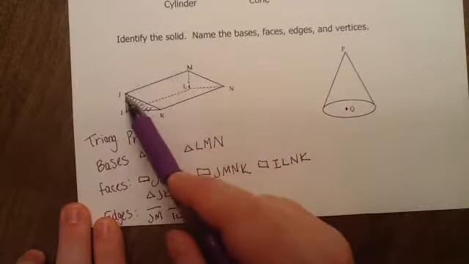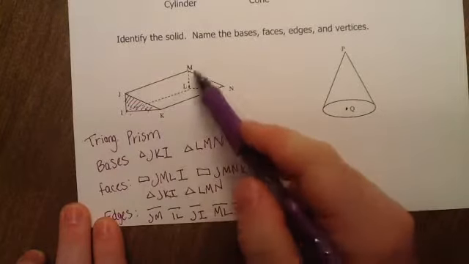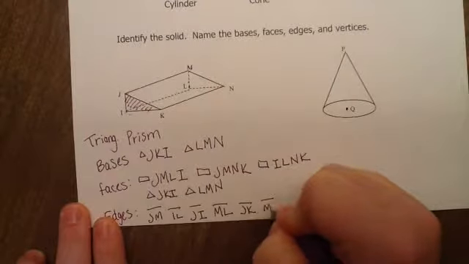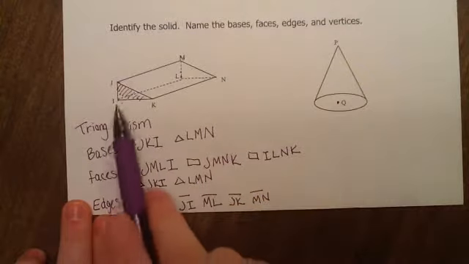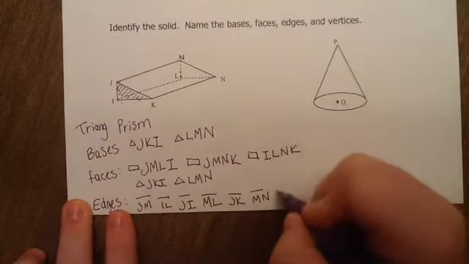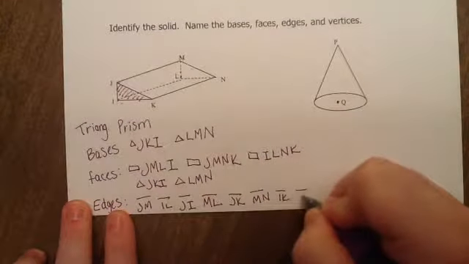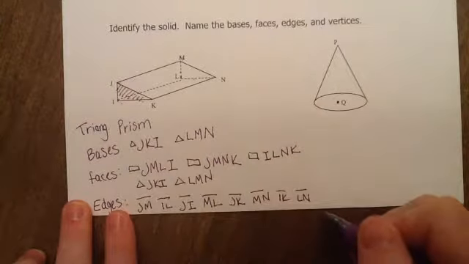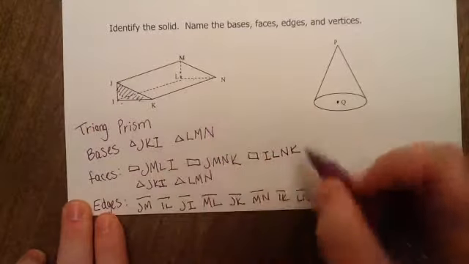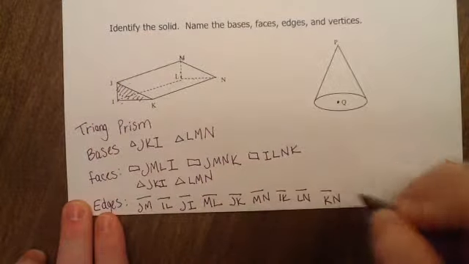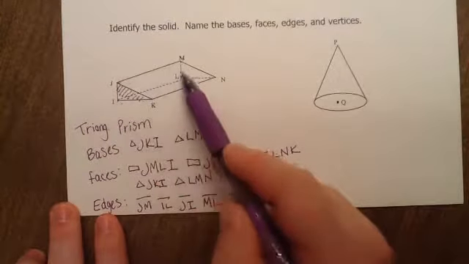I did this one, so let's do J, K, and its match, M, N. Bump down, I, K, and its match, L, N. There's one more we need to make sure we have. This piece right here. And that is K, N. Okay, so make sure you get all of those different sides.